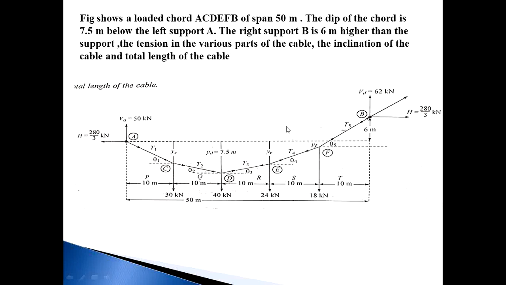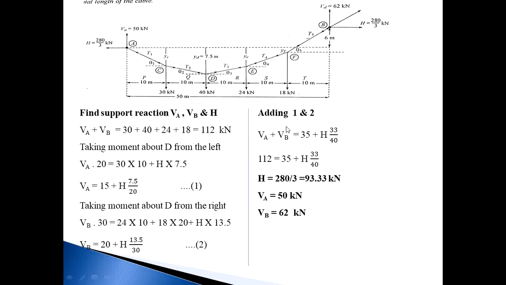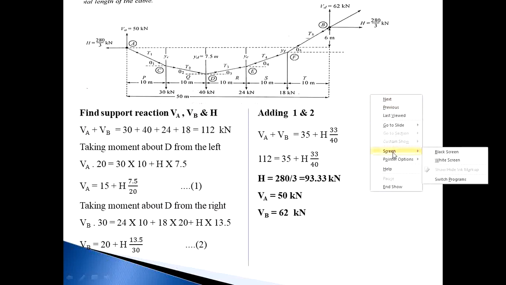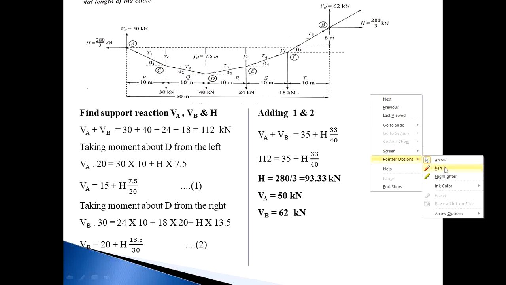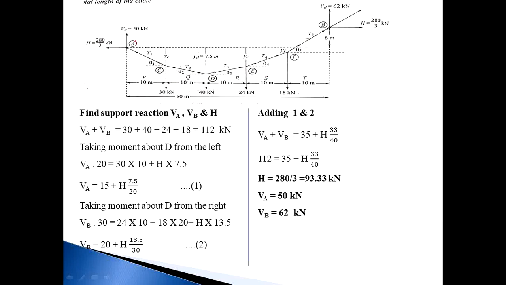So let us see how to calculate these answers. So first of all we want to calculate the support reactions, that is VA, VB and H.